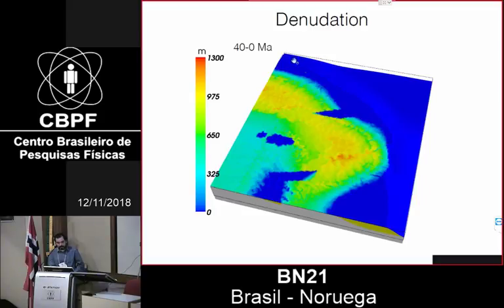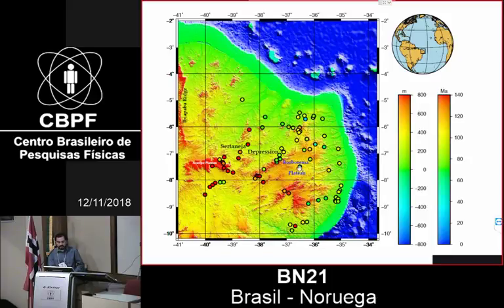And in the last 40 million years of simulation, we can observe that the maximum denudation occurs not close to the coast and not close to the interior basins, but in an intermediate position. And thermochronological data indicate this.